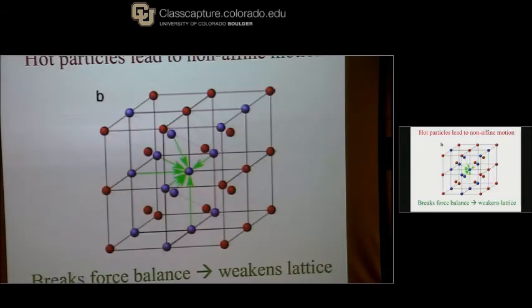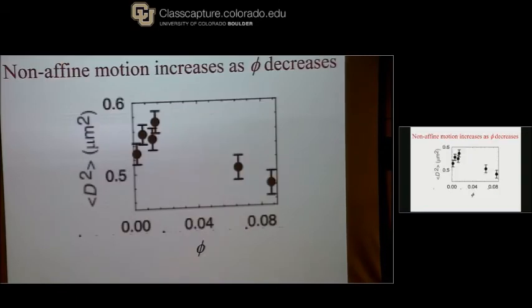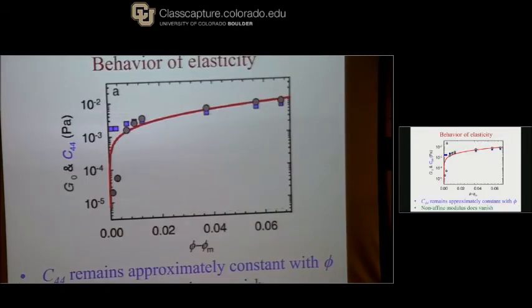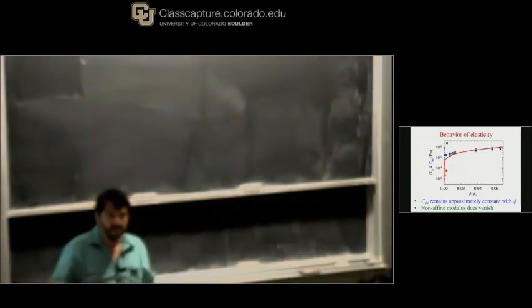One of the co-authors did some theory. I think I won't go through all the details. There's some subtlety about understanding the elastic constant. If you just do linear elastic theory, it doesn't work. You have to do nonlinear elastic theory because the fluctuations are so large. The motion locally is not affine.